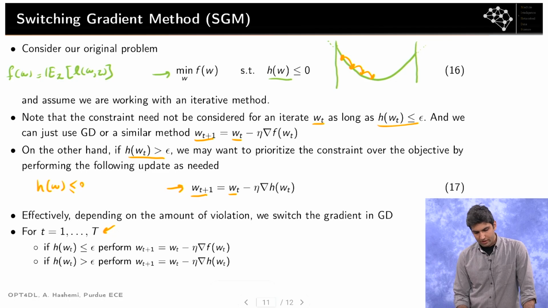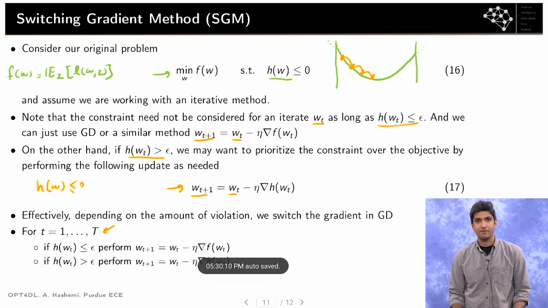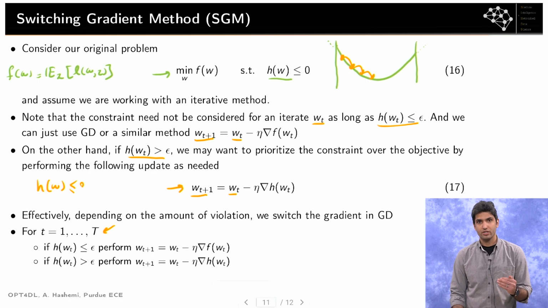One conceptual difference between this method and what we talked about in the previous slide is that here we are handling the objective and constraint at different times. In each iteration, I'm only going to handle my objective or my constraint depending on whether the current solution is sufficiently feasible or not.